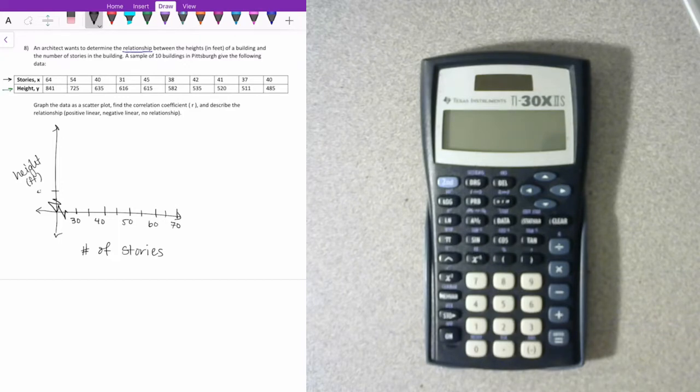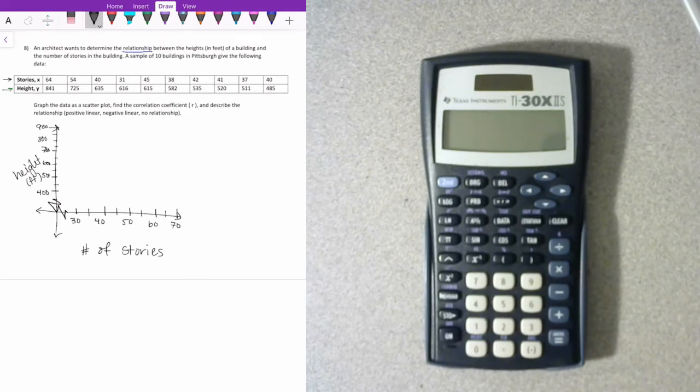So 400, 500, 600, 700, 800, 900. And then we could do extra tick marks that will be the 50 points. So we're just kind of estimating.